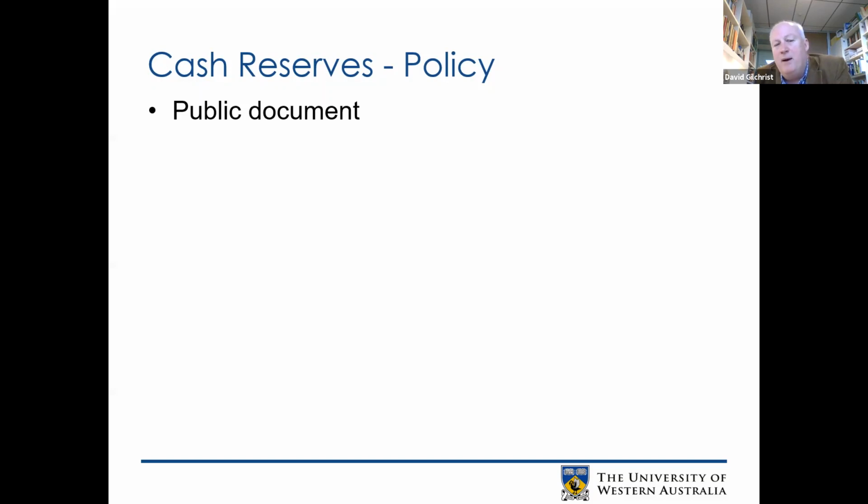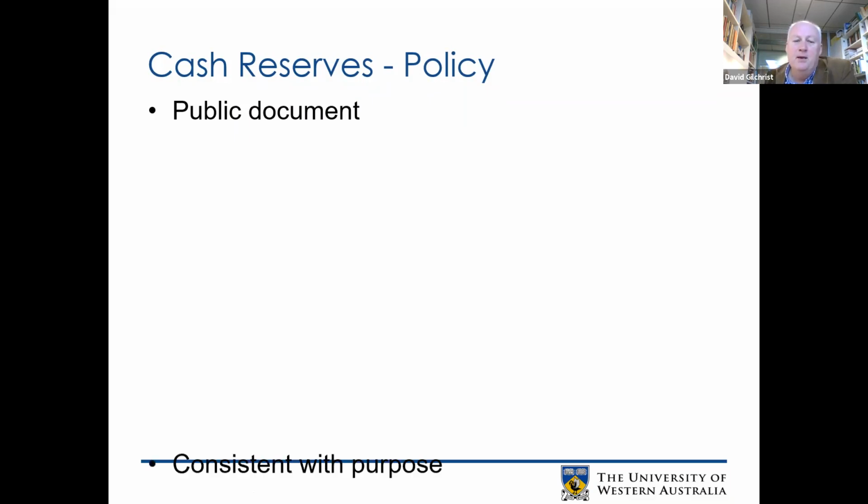And so having a public document that articulates that cash reserve policy is part of the due diligence that those organisations might undertake, and part of the explainer as to why you're putting that cash away. You're not just hoarding it and looking for other sorts of cash to be able to do what you need to do.